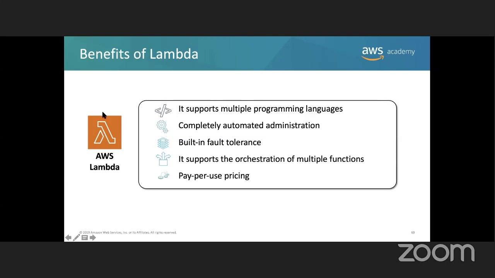Let me see if I can do something for you guys. Let me find something here and see if I can schedule a cron job that will stop the EC2 instances today for you guys to see it. Let me find that code here.